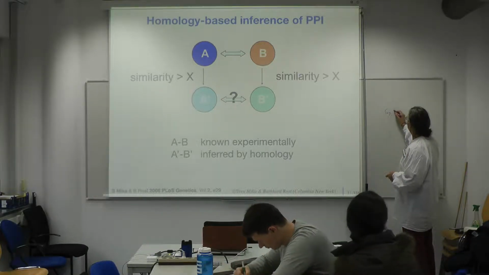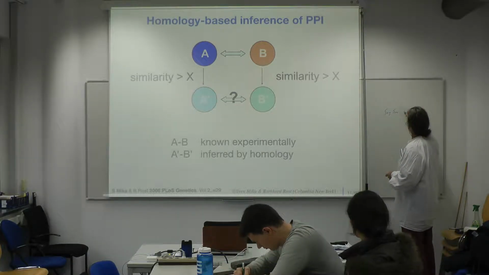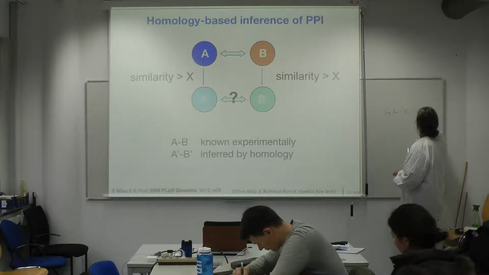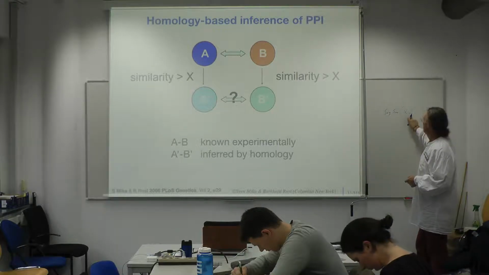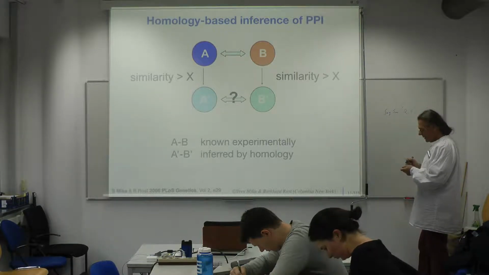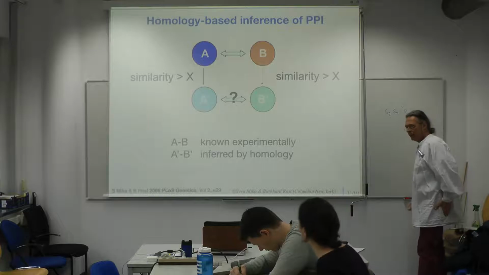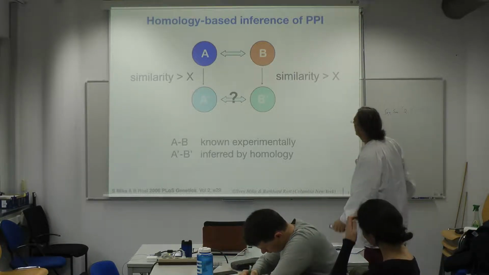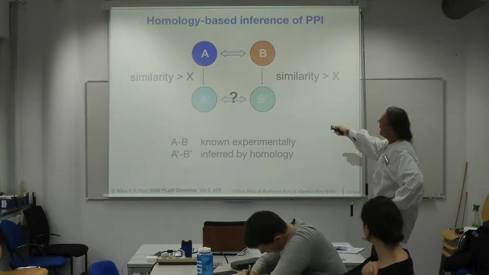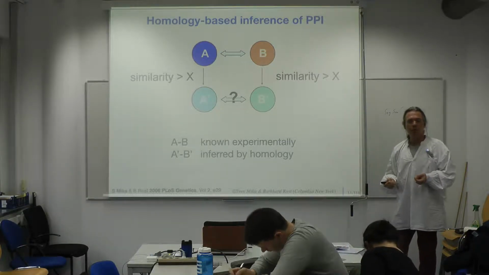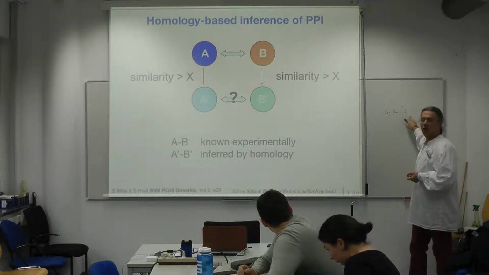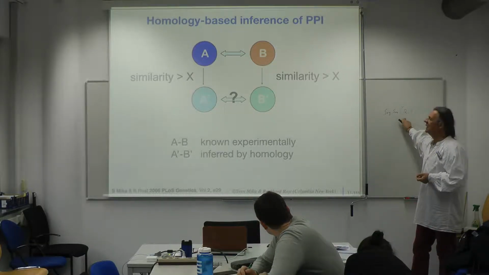We said that the sequence similarity between Q and X is larger than the threshold T, and if for X I have an annotation about function, then I can infer that Q also has the same annotation. Now here the story is slightly more involved, because now we're not only having two. Here we have the case that between proteins A and B, I experimentally know that they bind. This is actually the X in that story.